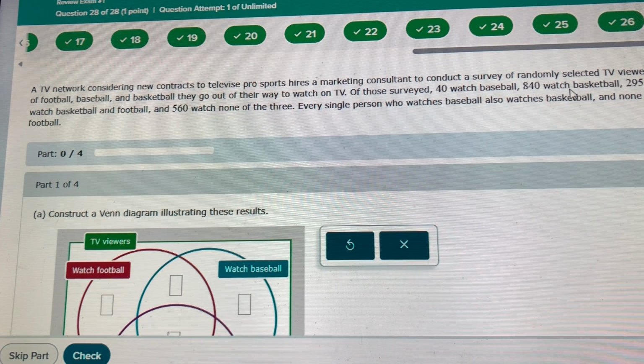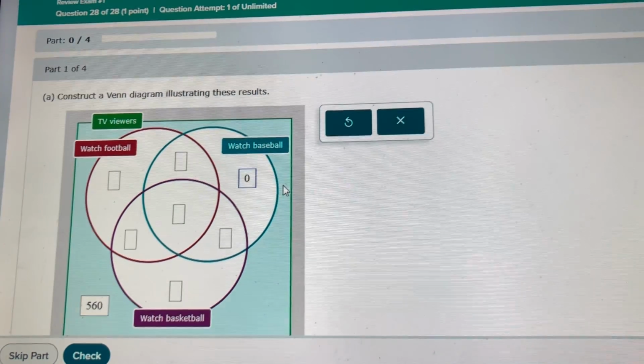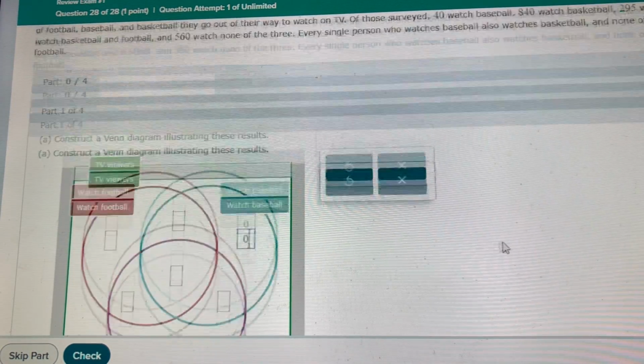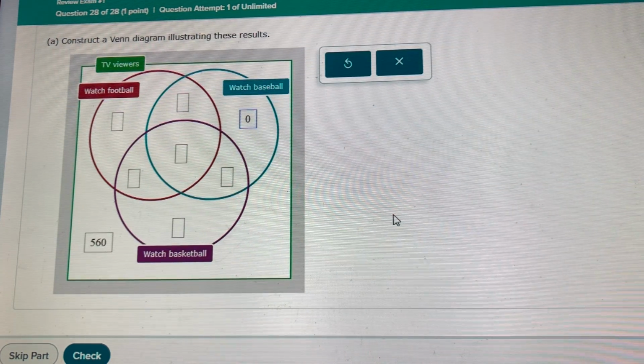So that means there's nobody who only watches baseball. We can put a 0 here, I guess is what that means. There's still too many unknowns at this point. None of those people watch football. So these people here don't watch football, okay?